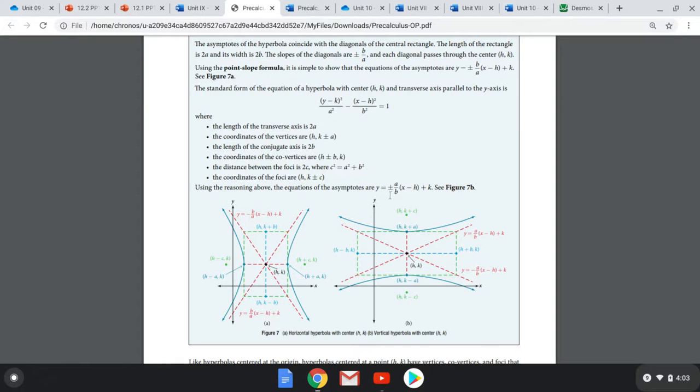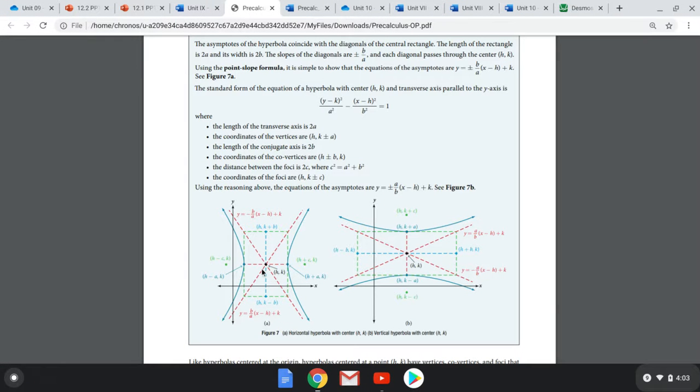So we're going to have plus or minus, because remember this is two asymptotes, and one of them is going to be positive and one of them is going to be negative. And the point that we're going to use is the one point that they will always share, and that's the center. So that's why it's h and k, because these two asymptotes on any hyperbola will always go through the center, which means that is the one point that they share.